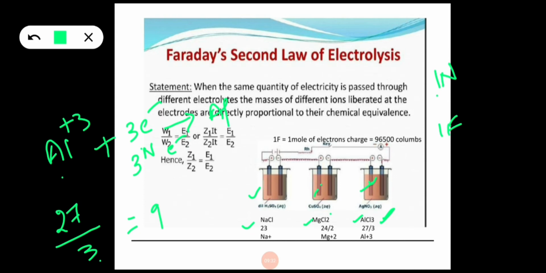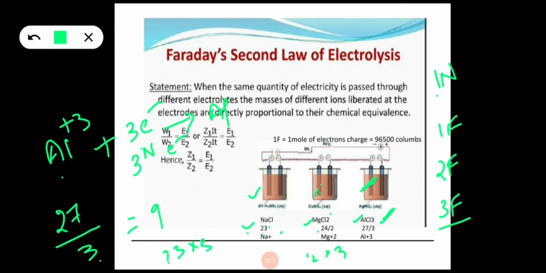And if we pass 2 Faraday of charge, 2 equivalents of sodium, 2 equivalents of magnesium, and 2 equivalents of aluminum will be deposited. And if we pass 3 Faraday, 3 equivalents, that is 23 into 3 grams of sodium, will be deposited. Magnesium, 12 into 3, 36 grams of magnesium will be deposited, and one equivalent weight of aluminum is 27 by 3, so 3 equivalents means 9 into 3, that is 27 grams of aluminum, will be deposited by passing 3 Faraday of charge.